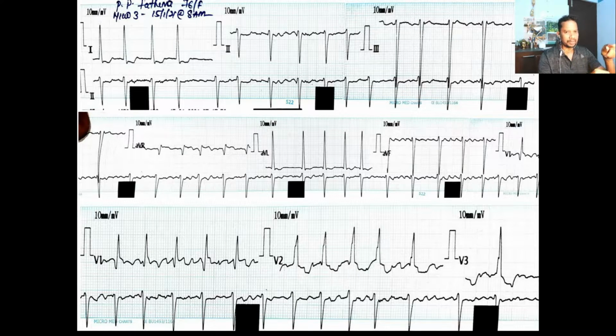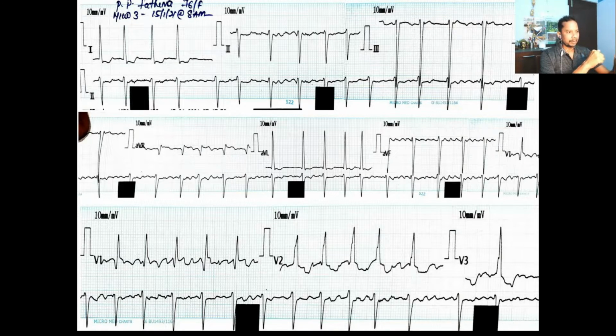So the positive component of the P wave in V1 is right atrium. The negative component of the P wave in V1 is left atrium. So if you want to comment on the P wave, V1 is very good, and also look in lead 2, because the vector is directly directed towards the lead 2 positive pole, so it will record a very good P wave, very good QRS complex, and very good T wave.